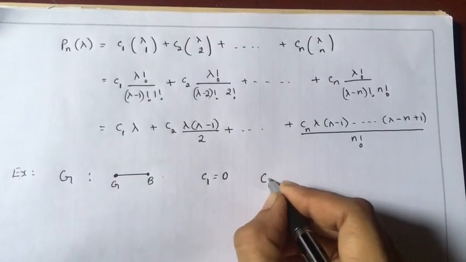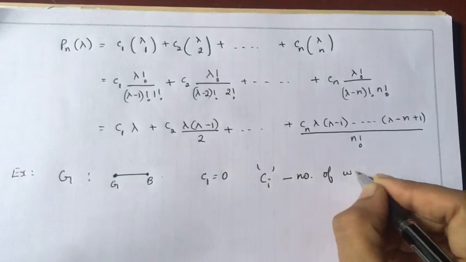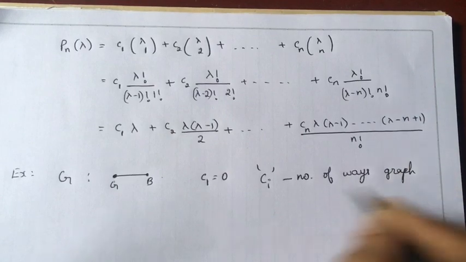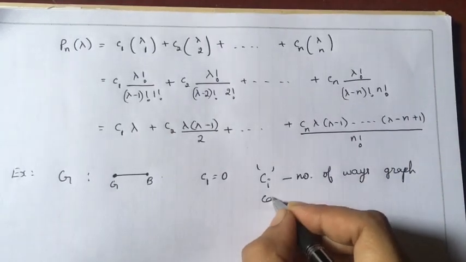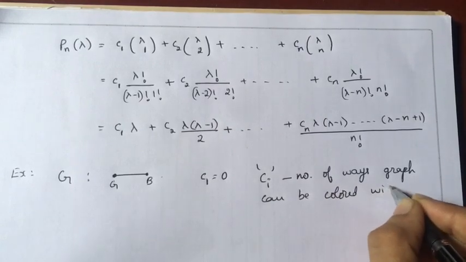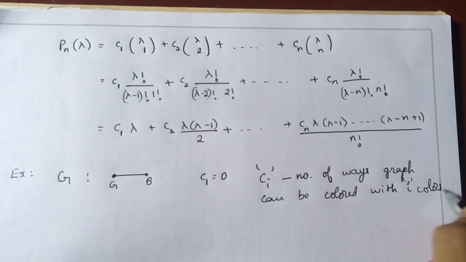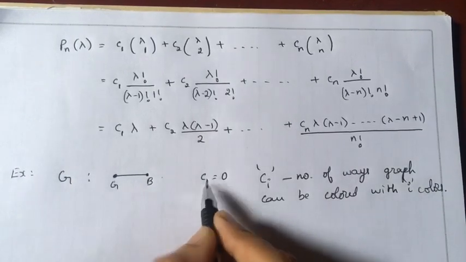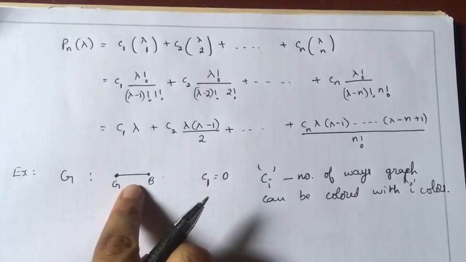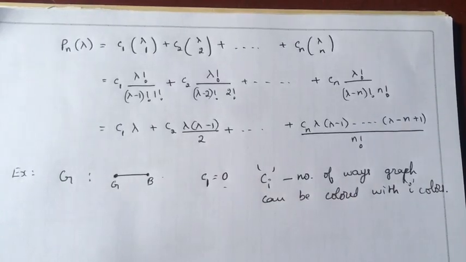What is Ci? Ci is the number of ways the graph can be colored with the given i colors. Using one color, proper coloring is not possible for this graph, so I need minimum 2 colors. Therefore, for this graph, C1 is equal to 0.